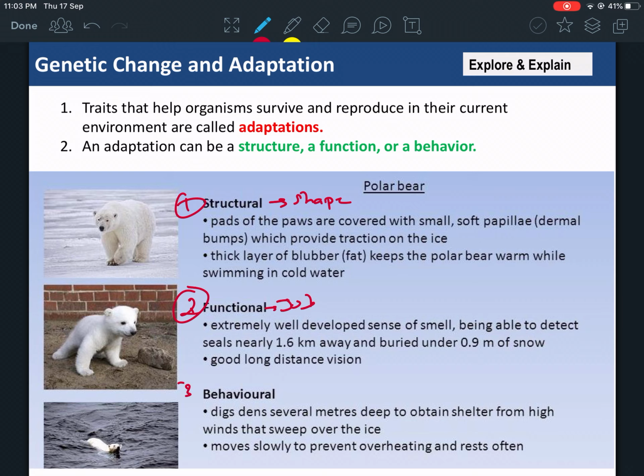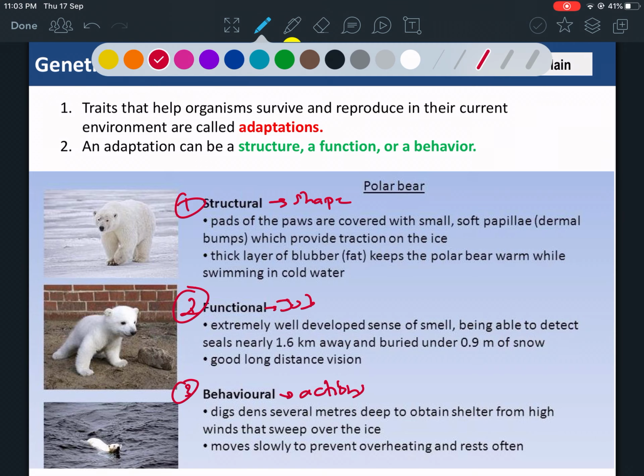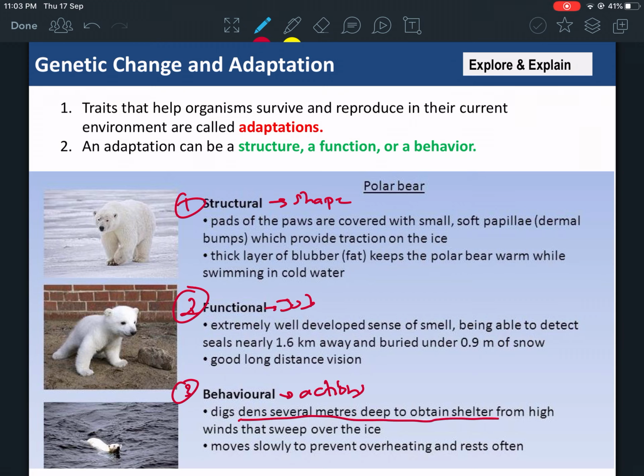And the third type is change in the behavior, which means the actions. So the behavior of the bear, these are its actions, has changed over time to help the bear adapt to its environment. For example, the bear digs dens several meters below the ice to obtain shelter, to hide from winds that sweep over the ice.